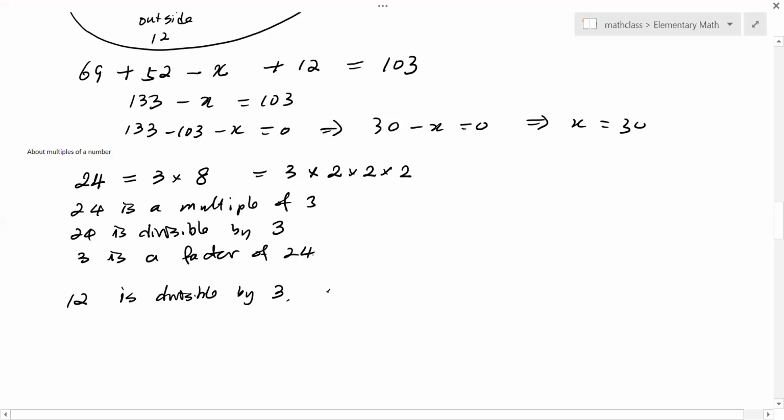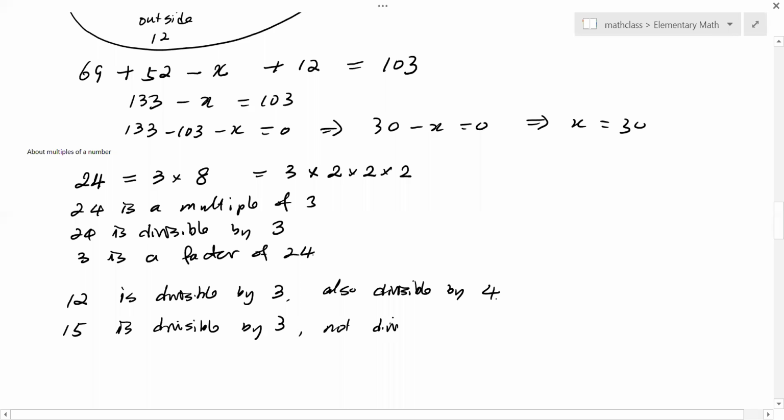It is also divisible by 4. But 15 is divisible by 3 only, not divisible by 4.